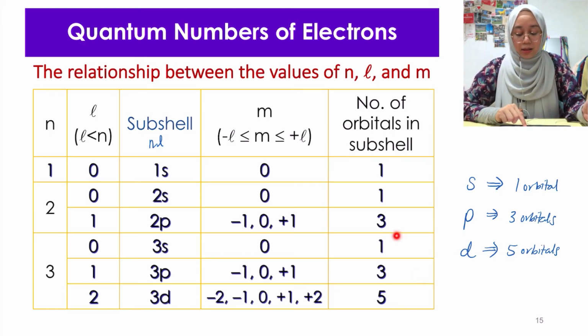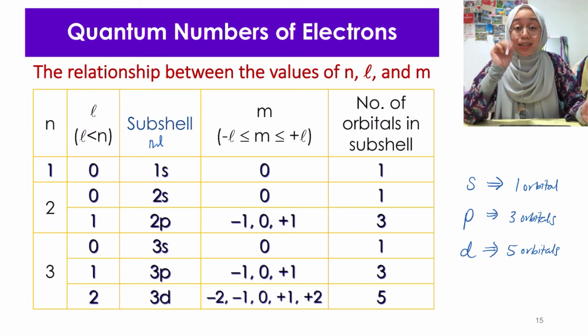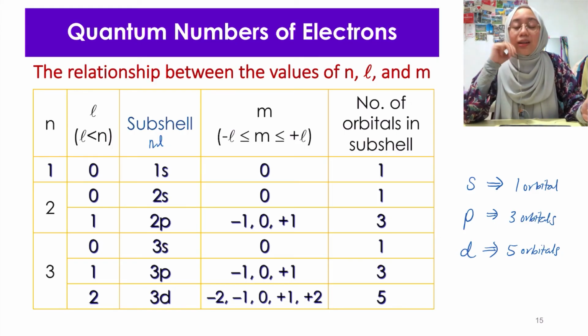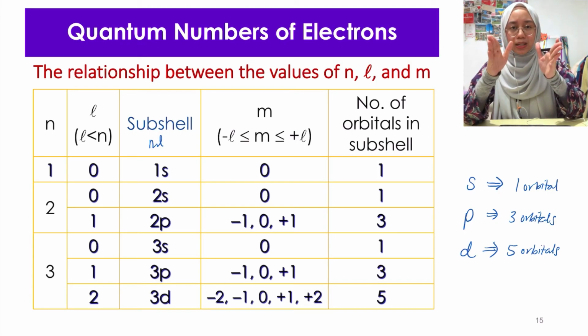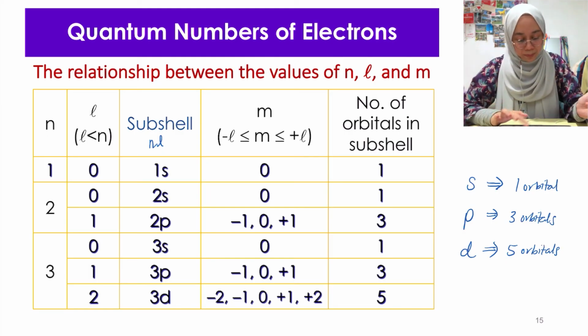Kita ada 9 orbital. Tapi kalau Miss tanya specifically, 3P ada berapa banyak orbital? The answer is 3. Kalau Miss tanya specifically, 2P ada berapa banyak orbital? 3 juga. Okay, so kamu kena clearly baca soalan tu. Soalan tu nak apa sebenarnya? Orbital dalam apa? 3P sahaja ataupun 3 sahaja? It depends. Okay, kena baca soalan betul-betul.